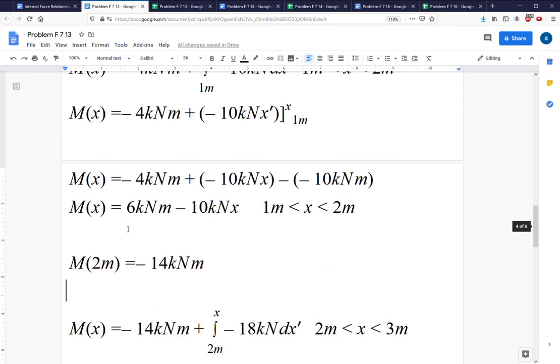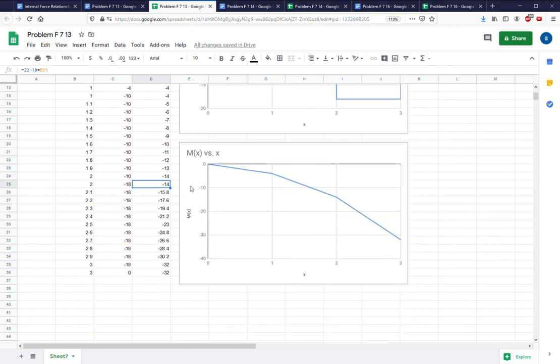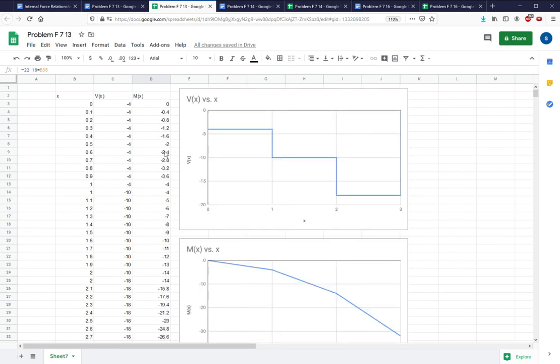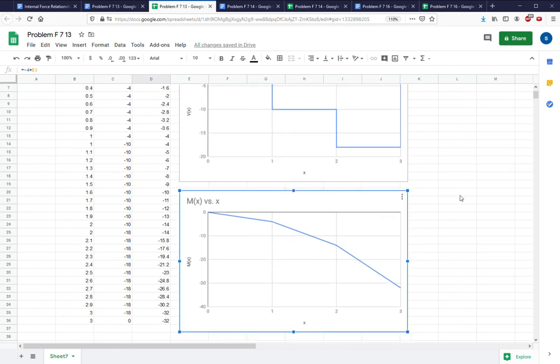For the second part, it's 6 minus 10x. And then I made the new jump here, 22 minus 18x. And so you have your three columns: x, shear of x, and moment of x. You can go ahead and make your graphs out of those.